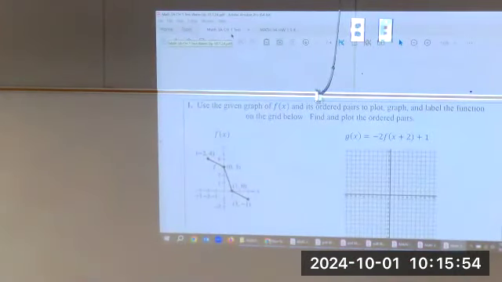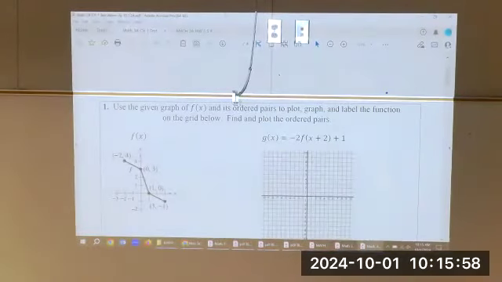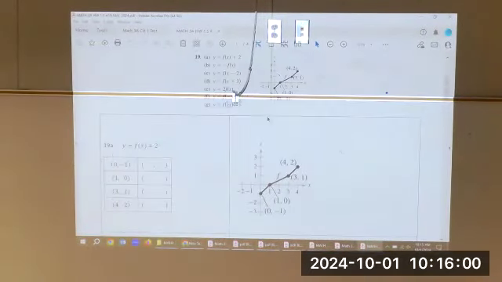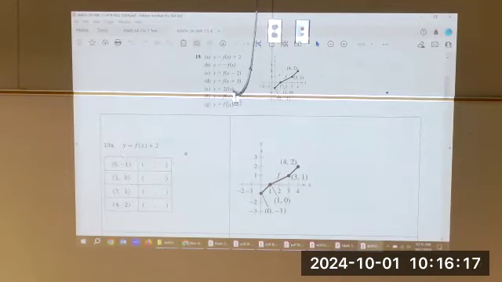This question right here is right out of 1.5. We did this number 19. I posted an email breaking this problem down into separate individual steps. You're supposed to take this picture of f of x and then add 2 to all those y values. What does it look like if we do f of x plus 2?